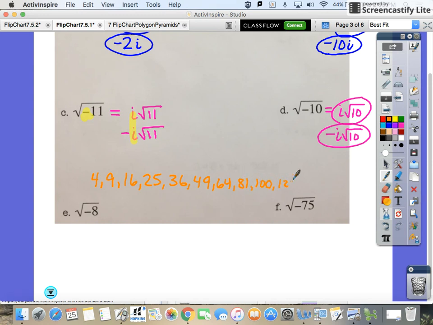These are examples of some perfect squares because 2 times 2 is 4, 3 times 3 is 9, 4 times 4 is 16, 5 times 5 is 25, and so on. So what we want is to take the square root of one of these and break this into that. What I mean is 4 times 2 times negative 1, this 4 is in the list. So we can break these each into their own radical.